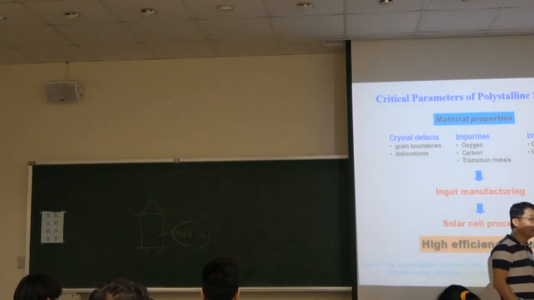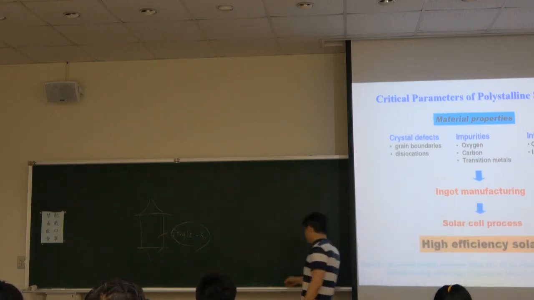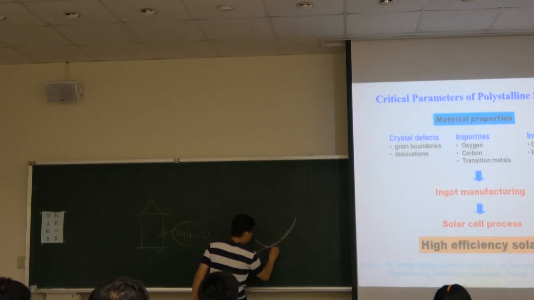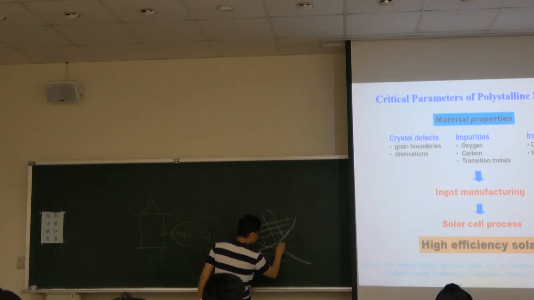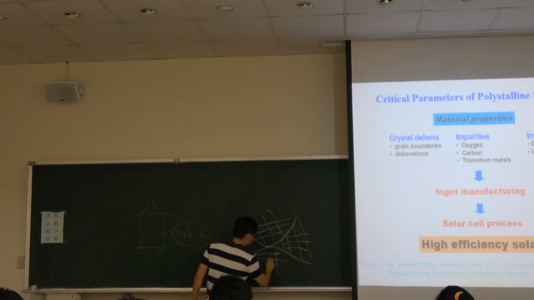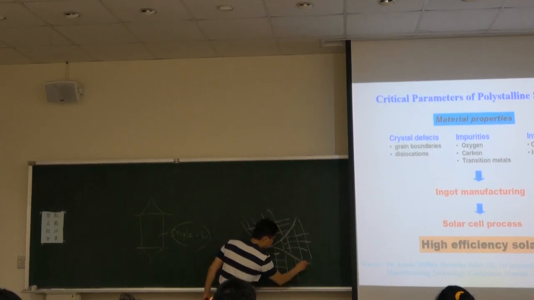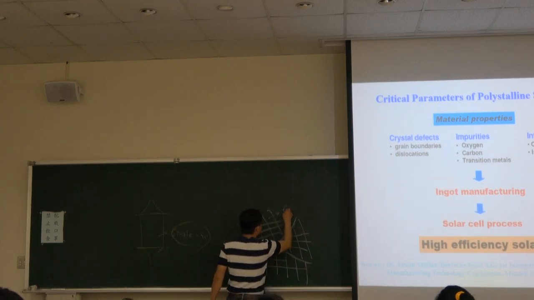So you can minimize the impurity and minimize the defect, although it still has polycrystal grain boundary, right? This is polycrystal grain boundary, but still I can obtain maybe 6N, even 9N, right?